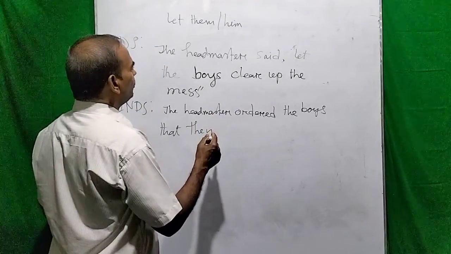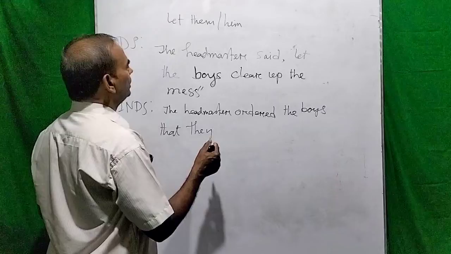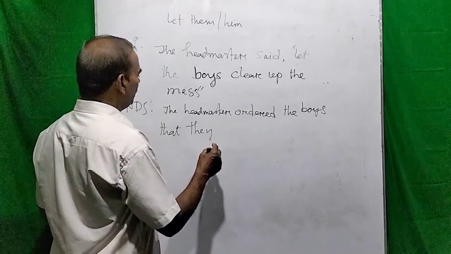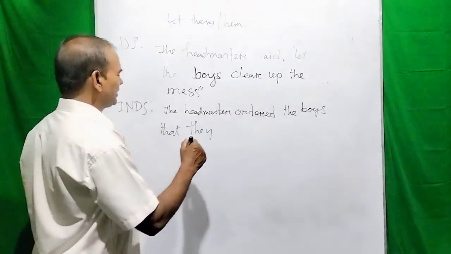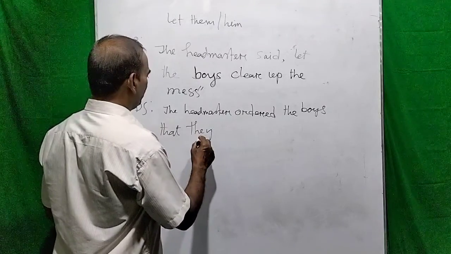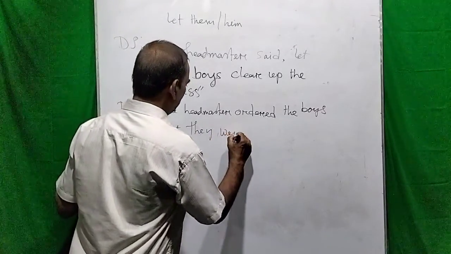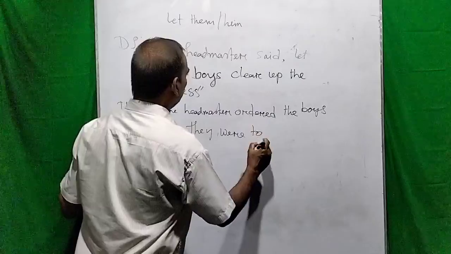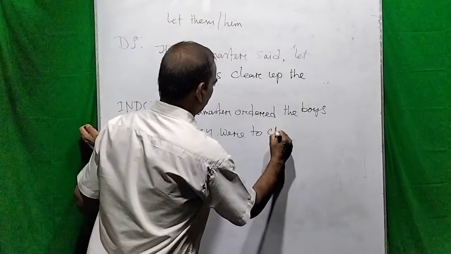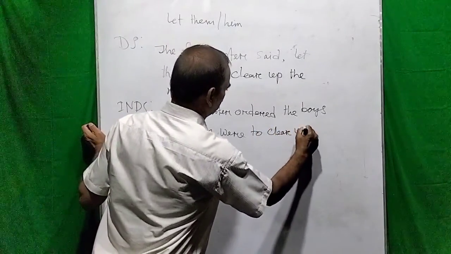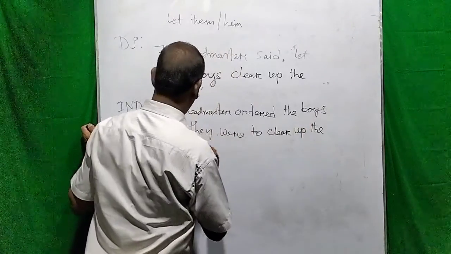If we want to focus on some authority, we can use be plus infinitive construction. So that they were to clear up the mess.